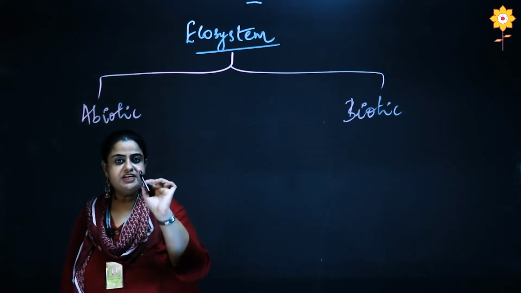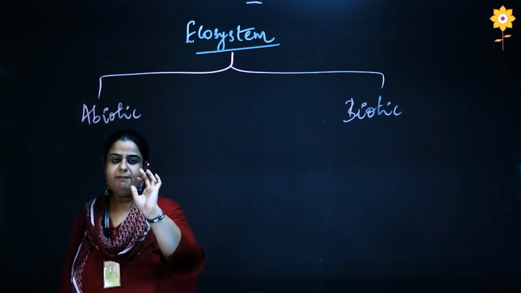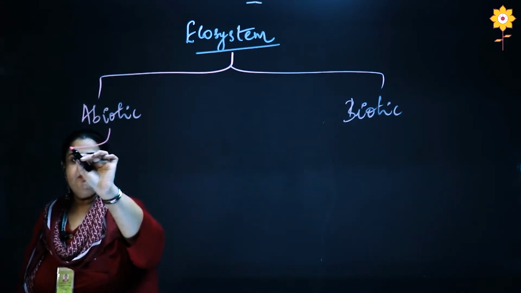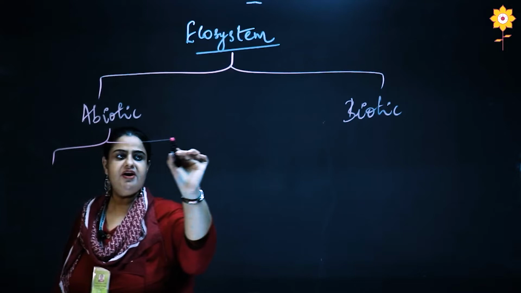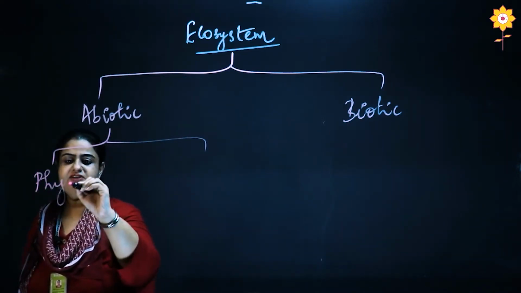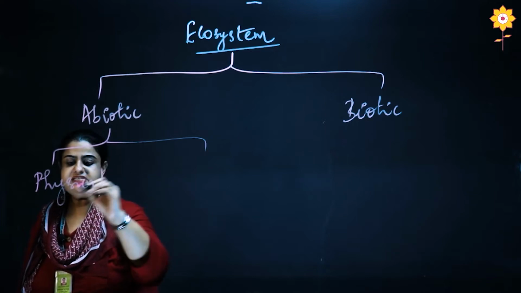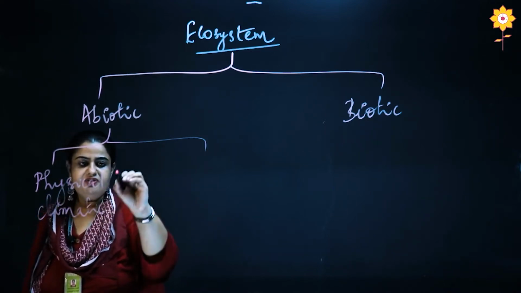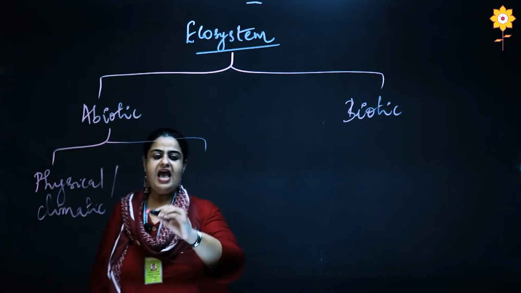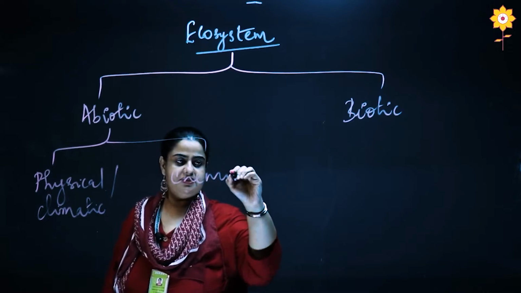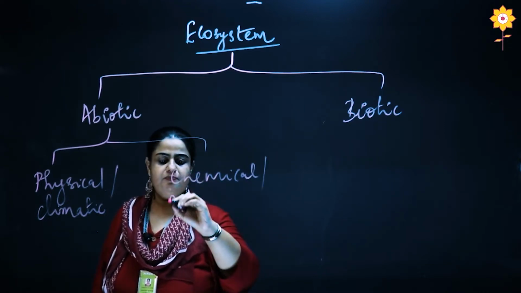Now I am concentrating on only natural abiotic components. Natural abiotic components can be further subdivided into two: the physical or the climatic factors, which play a major role in survival of living organisms, as well as chemical or the edaphic factors, again equally important.